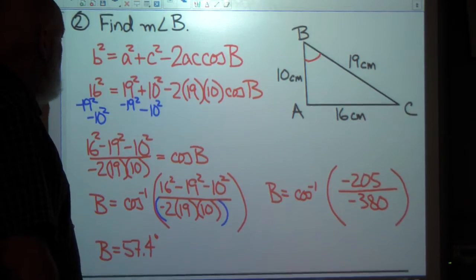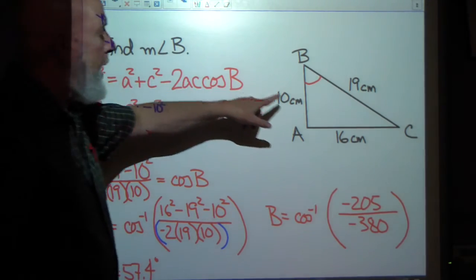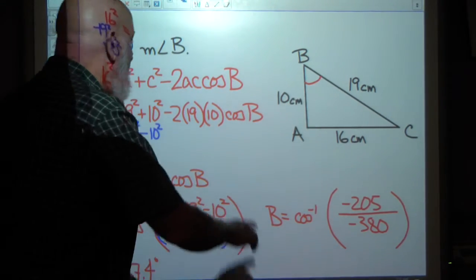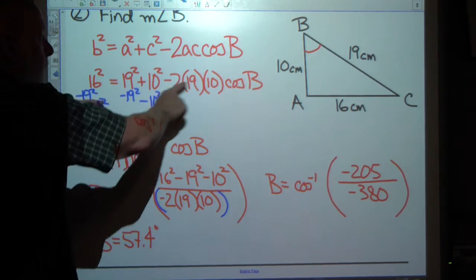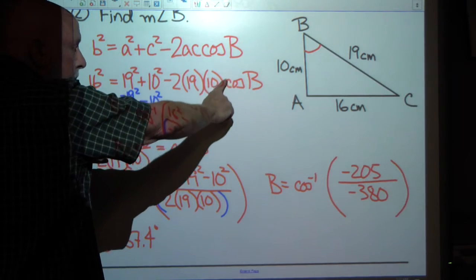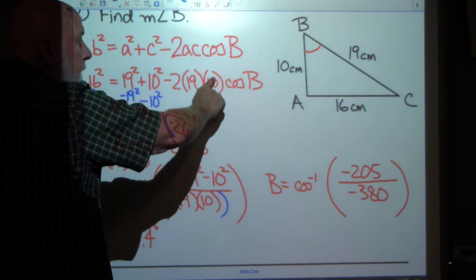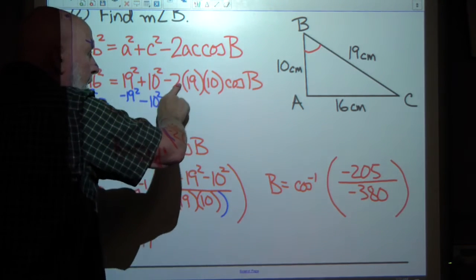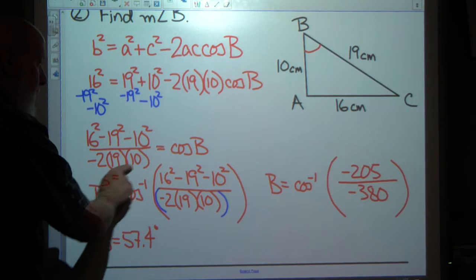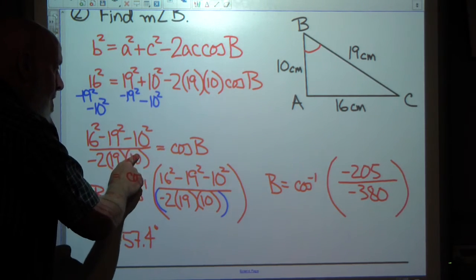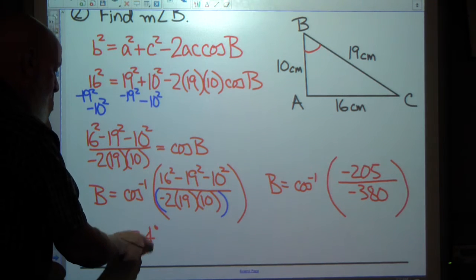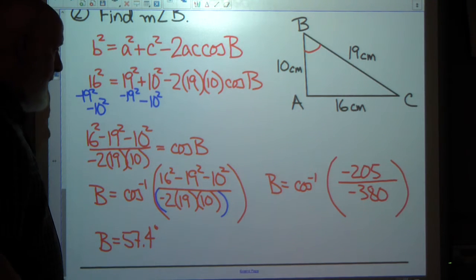And that is using the law of cosines to find a missing angle. You plug in everything you know, isolate your cosine b, subtract, then divide by whatever's being multiplied. This is -2 times 19 times 10 times cosine b, so we divided by this to isolate cosine b. Then we get this in the calculator and take the inverse cosine of it, and that'll give us the measure of angle B. Okay.